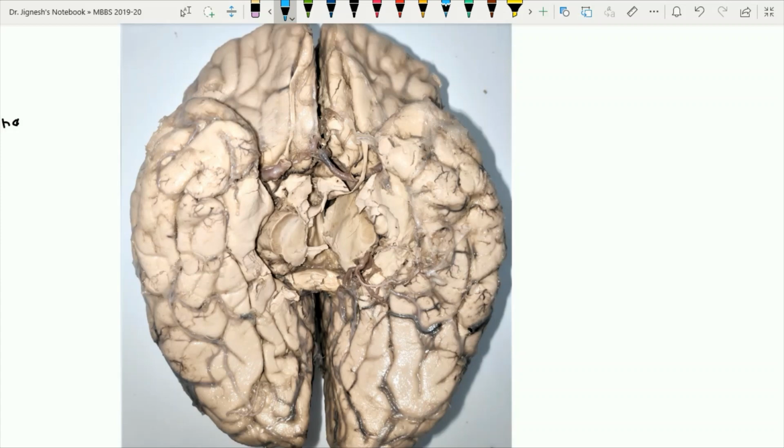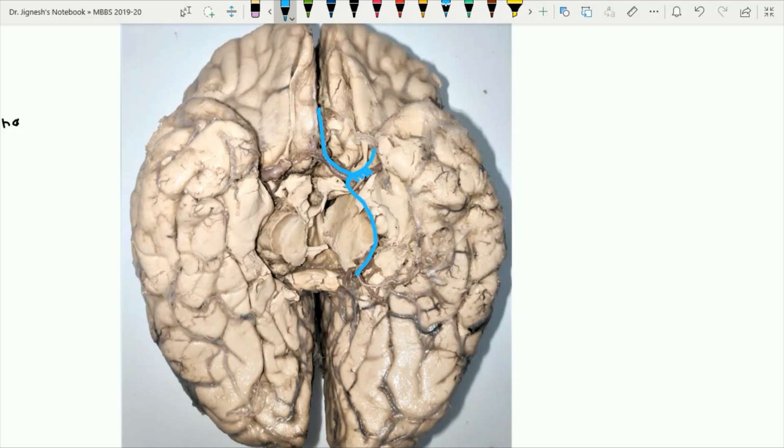And when we see the deep middle cerebral vein, it lies in the inferior surface of the brain, somewhere present here in the lateral sulcus, and it joins the anterior cerebral vein and some striate veins from the anterior perforated substance, and forms one basal vein.